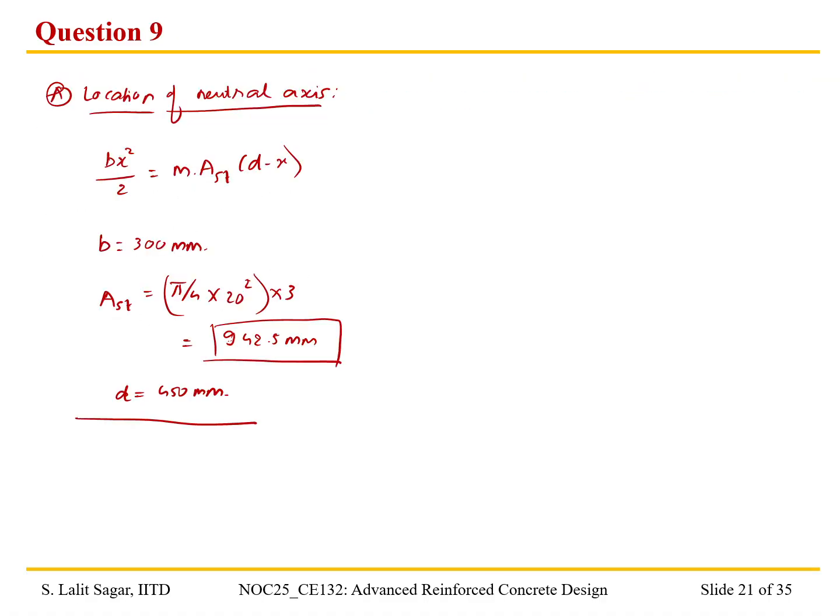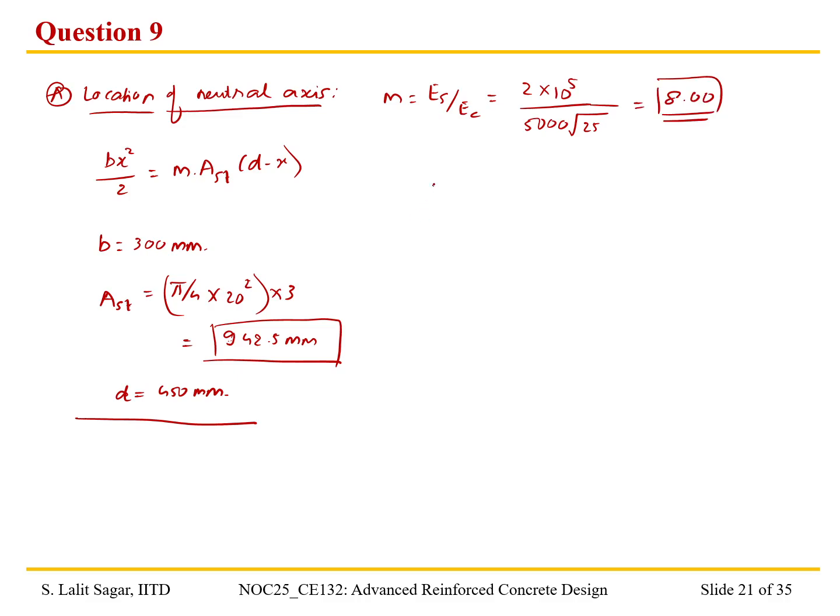The value of m is equal to Es by Ec, that is the ratio of the modulus of elasticity of steel to the concrete. Es is pretty much the same for different types of steel, 2 into 10 to the power 5 divided by 5000 square root of 25, that is 25,000. So the value of m turns out to be 8.